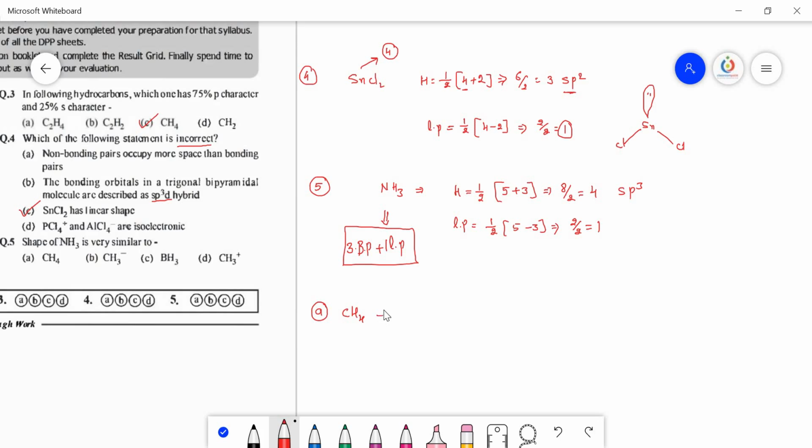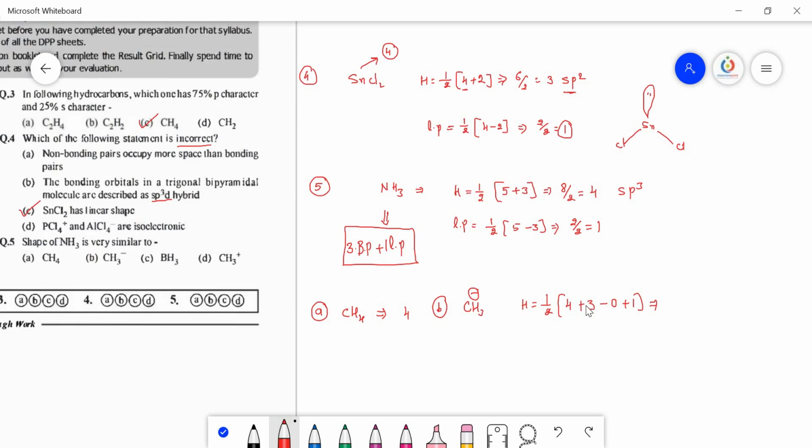It is not having any lone pair of electrons, all are hybrid orbitals, so it will not follow the same shape. And option B, CH3 minus. In CH3 minus, hybridization equals half into valency of the carbon, 4, plus 3 hydrogen atoms, minus no positive charge, plus 1 negative charge is there.